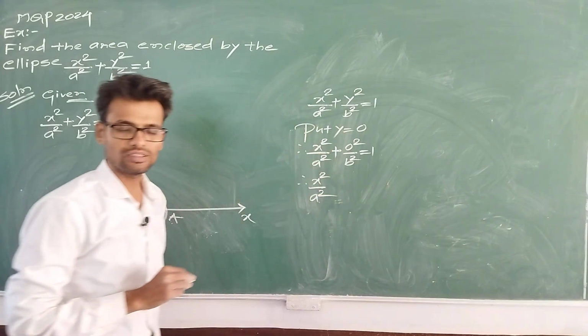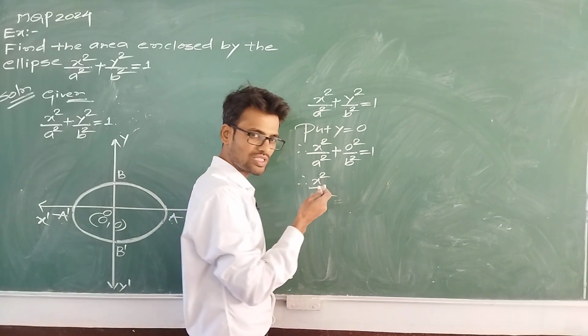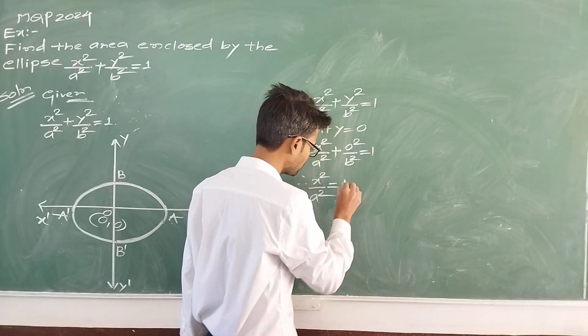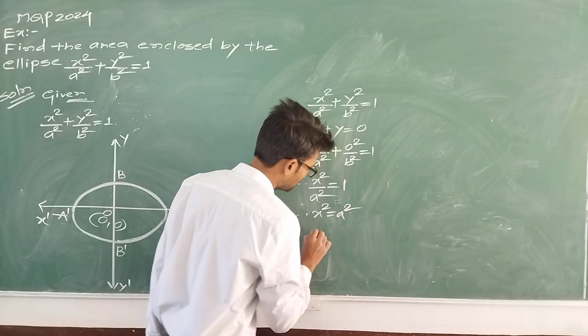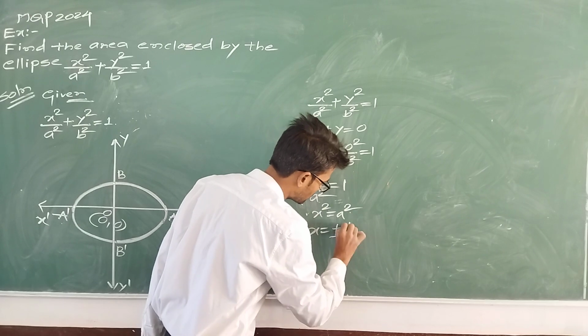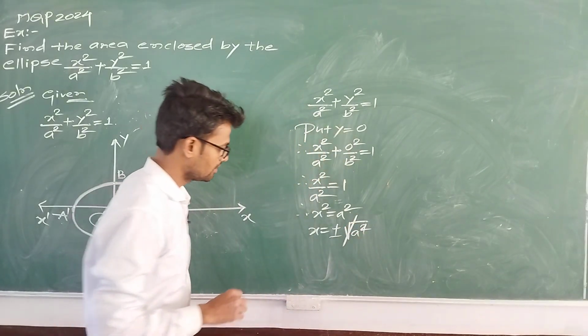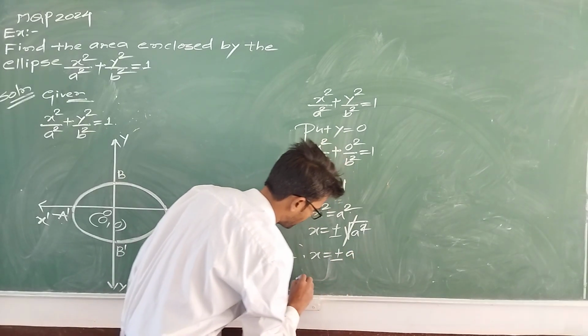See, 0 square is 0, 0 by b square is 0. So, x square by a square plus 0 equal to 1. So, you will get x square by a square equal to 1. Therefore, x square is equal to 1 into a square, x is plus or minus square root of a square. Square and root get cancelled. And you will get the value of x as plus or minus a.